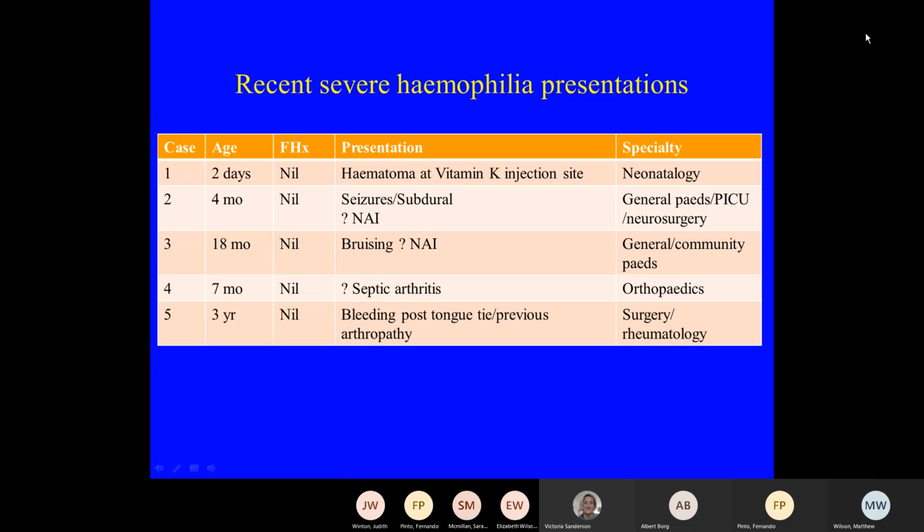As you can see, patient number 2. This list is not really updated, but you can see a lot of bruising as presentation, hematoma at vitamin K injection, bleeding post-arthropathy, but you can have the subdural intracranial bleed as well.